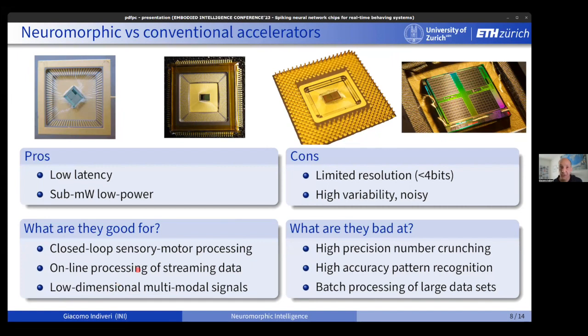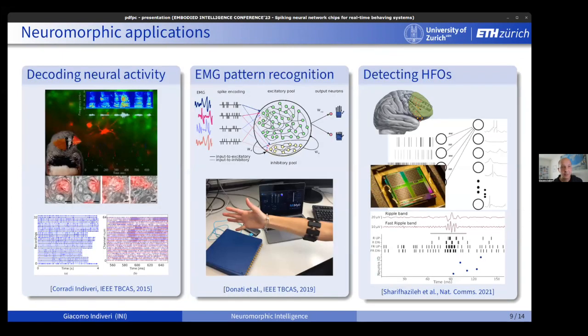But they are not good at number crunching, like Excel sheets or matrix inversions or matrix multiplication. So they are not supposed to replace GPUs and CPUs. They're really useful for specific sensory motor processing applications. We've been using them mainly for sensory applications, and another killer app is biosignals, because they have the same dynamics of natural biological signals.